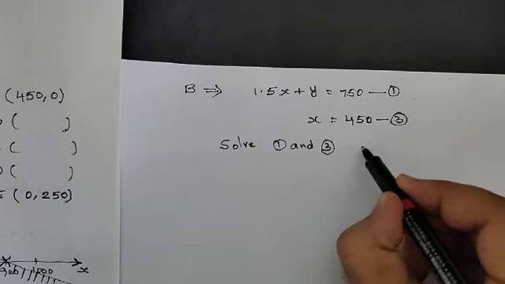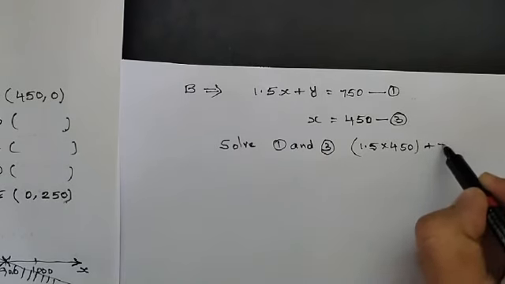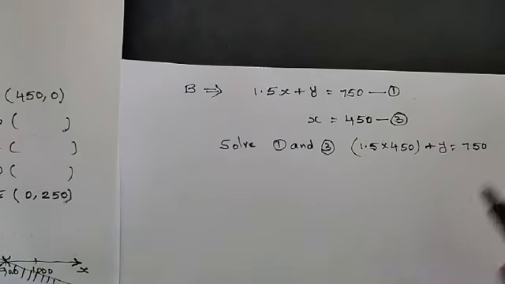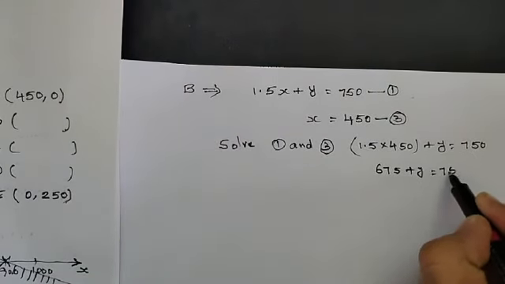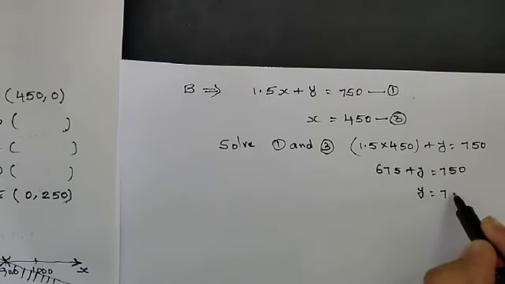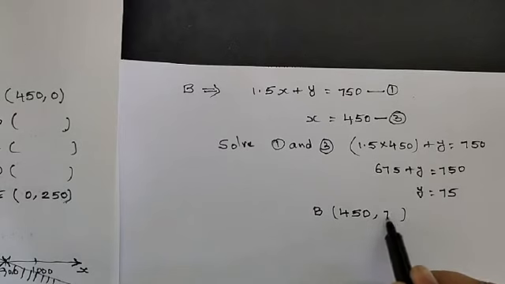Now substitute that: 1.5 into 450 plus y is equal to 750. So 1.5 into 450, how much? If you take your calculator, you can calculate. That equals 675 plus y is equal to 750. So y is equal to 75. So if you write the values of x and y as a vertex, x is 450 and y is 75. So now we got the value of B.